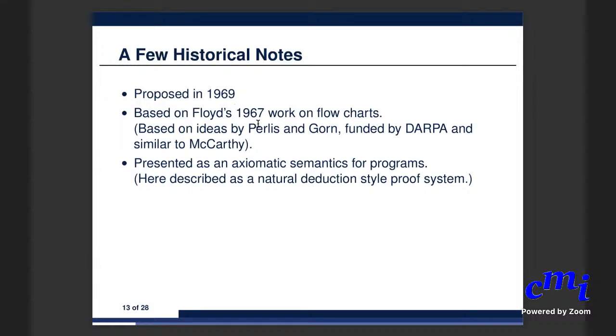There were contributions earlier than 1967 to the concept of what it means for a program to be correct. McCarthy, Perlis, and Vaughan all attempted different ways of defining it. Hoare presented it as a full-fledged logic with a formal semantics and a set of inference rules.